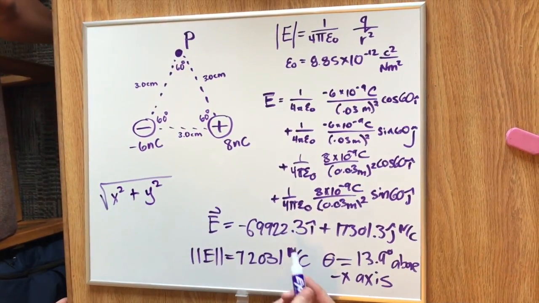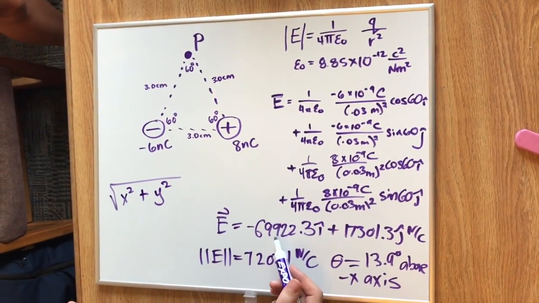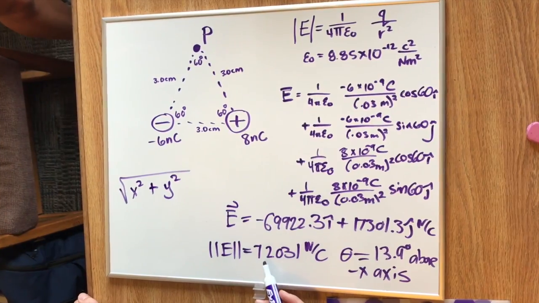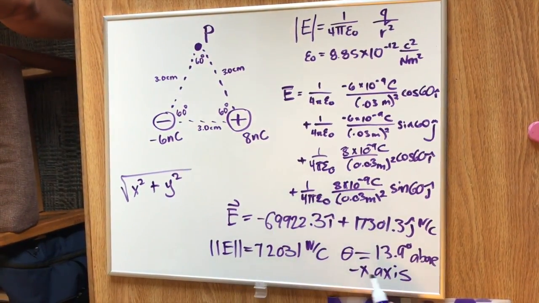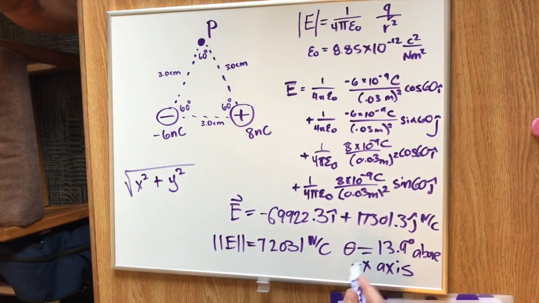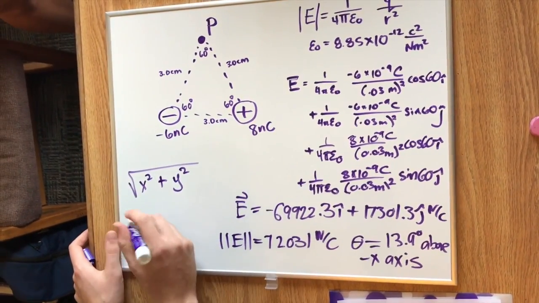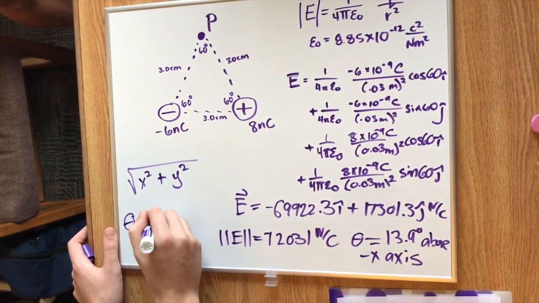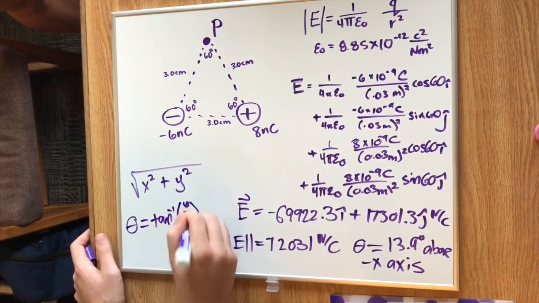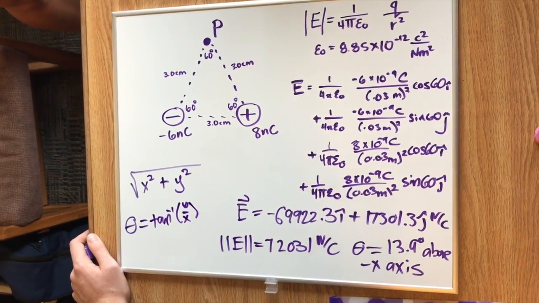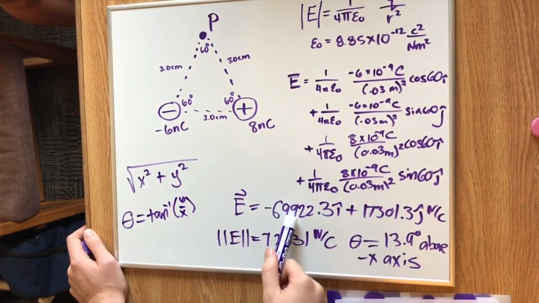When we do the square root of this number squared plus this number squared, we get 72031 newtons per coulomb. And then when we find theta, or the direction of the vector, theta is equal to the inverse tangent of the y component over the x component. So in this case, inverse tangent of this number over this number.